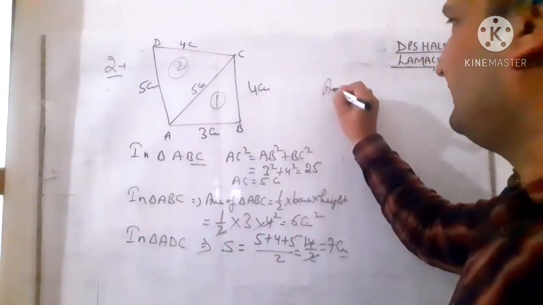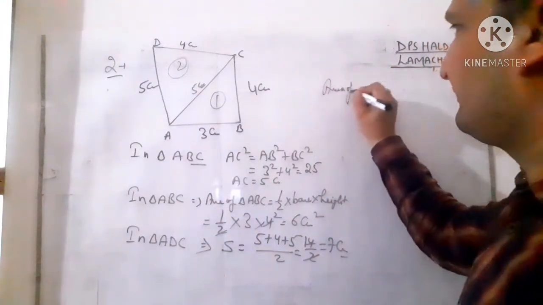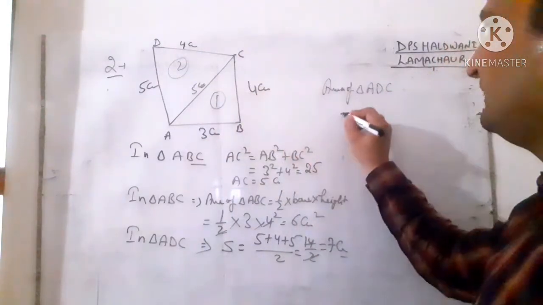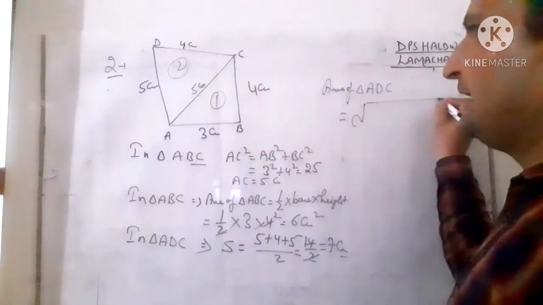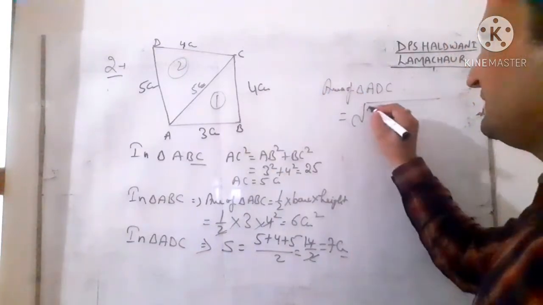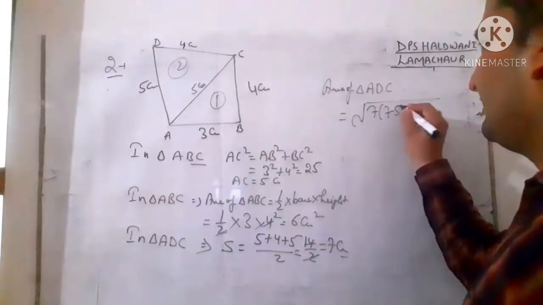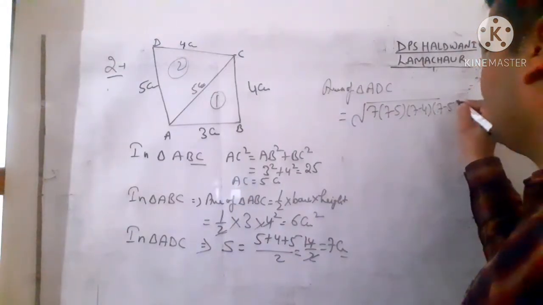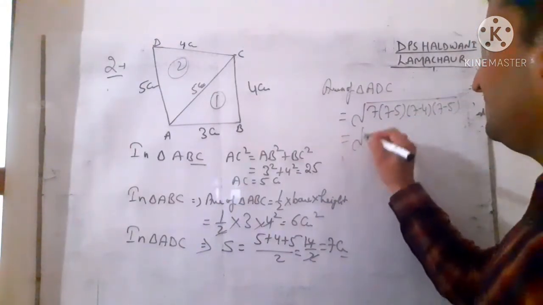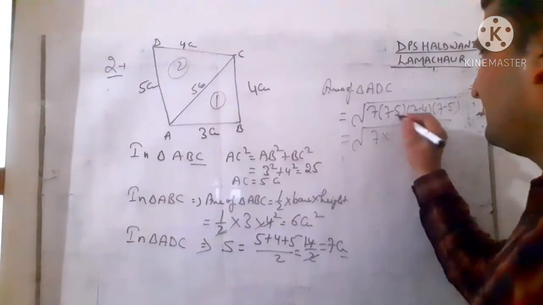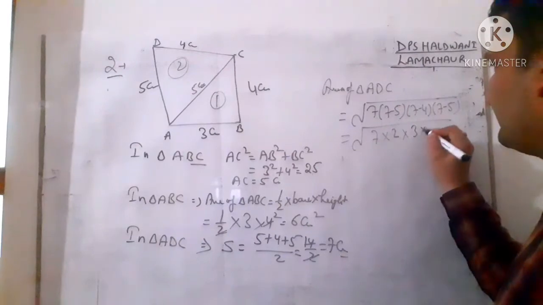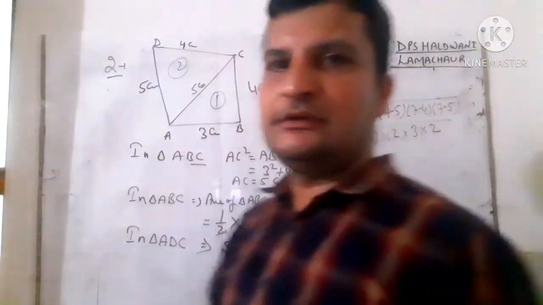The area of triangle ADC is equal to root of S, S minus A, S minus B, S minus C. So we can write root of 7 into (7 minus 5 is 2), (7 minus 4 is 3), and (7 minus 5 is 2).